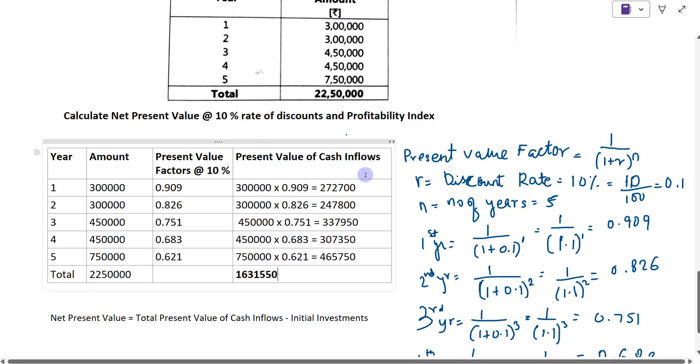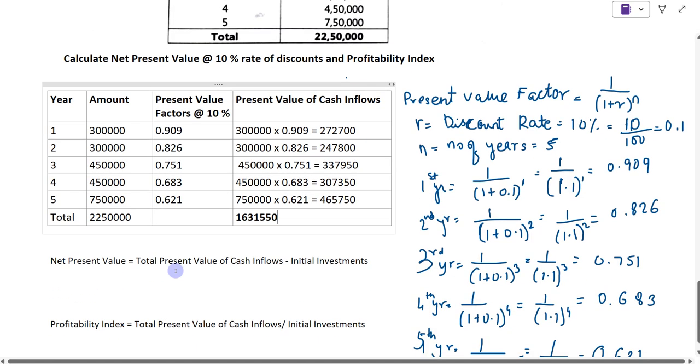So our total present value of cash inflow is 16,31,550. Now put these values in the formula. What is the formula to find the net present value? The formula is total present value of cash inflow minus initial investment.